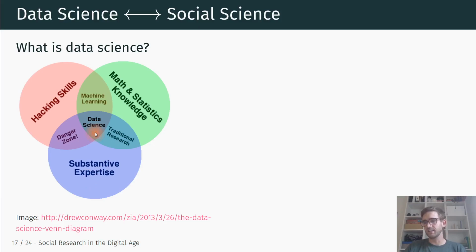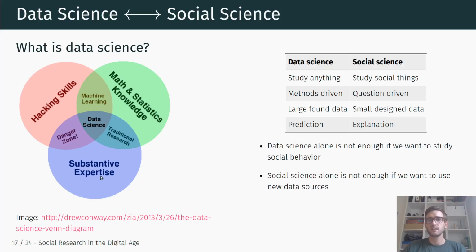And data science is the intersection between those three areas. But still, there's room for social science, because social scientists bring more substantive expertise, specifically in the area of social research, than data scientists necessarily have, right?